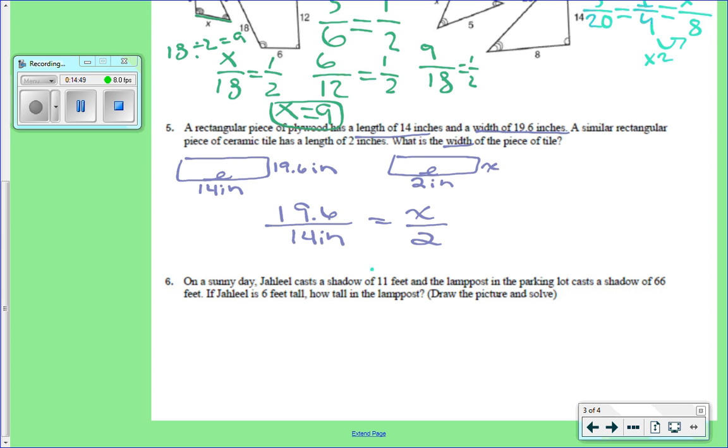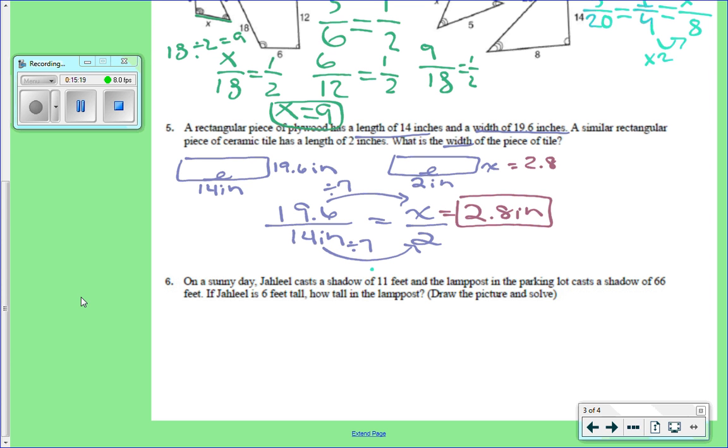And then we see a relationship here. What can we do to 14 to get to 2? Yeah, divide by 7. So in your calculator, 19.6 divided by 7 is, say that again? 2.8. And what are our units? They gave us units. Inches. 2.8 inches right here.